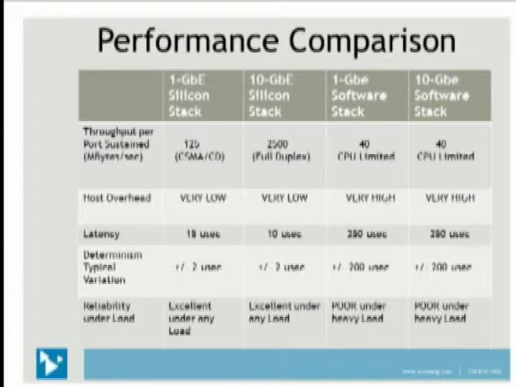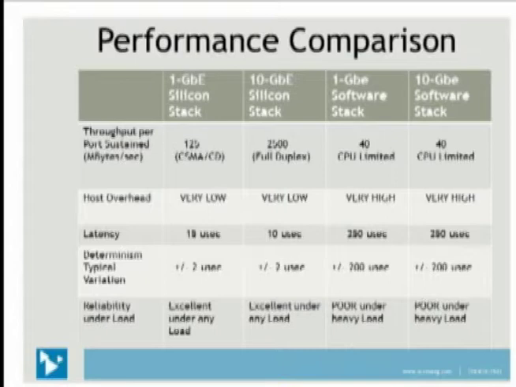And for the software stack, you are limited, no matter what, to 40 megabytes per second. This is a big deal because even though you have those 10 gigabit Ethernet connections, you are limited to the 40 megabytes no matter what. So even if you dedicate a single core to the whole software stack, you're still going to get 40 megabytes per second.